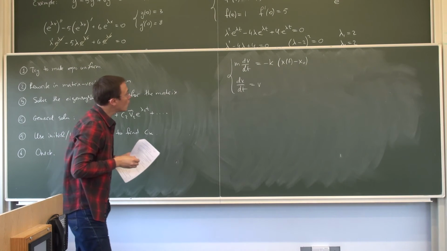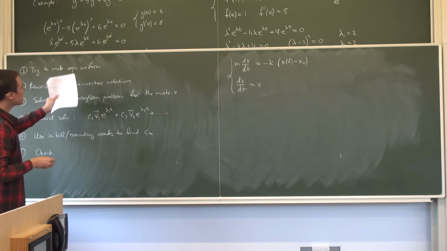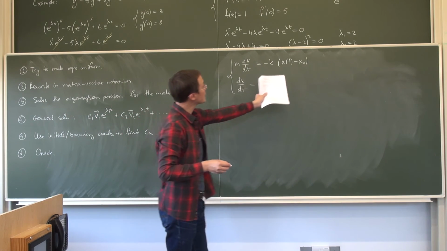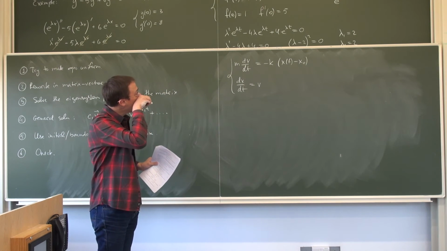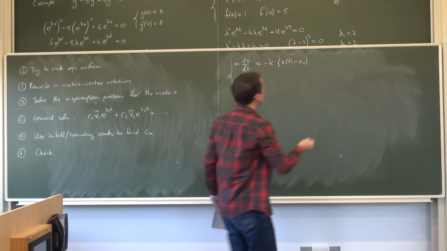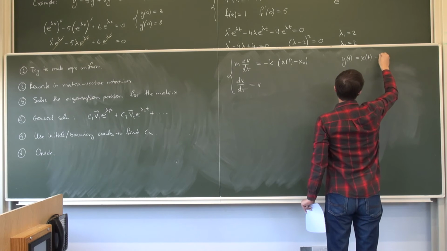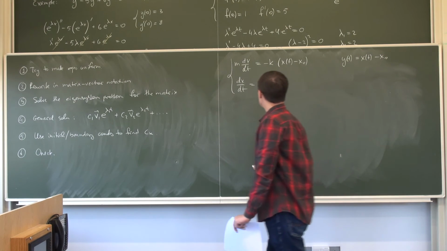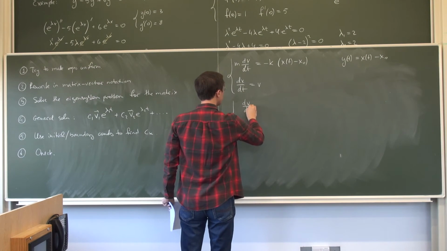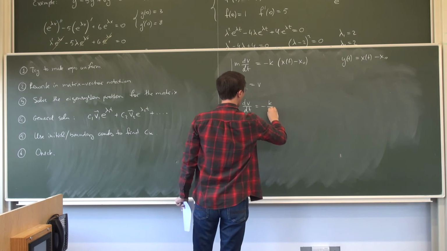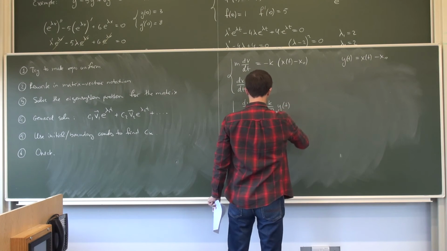Now let us follow the first item here. That is, we need to first make it uniform, because it isn't. There's this x naught, that is the free term in here, k x naught. So let's make a substitution. Let us say that y of t is x of t minus x naught. What this tells us then is dv by dt is minus k over m, I'll move m over here, times y of t.